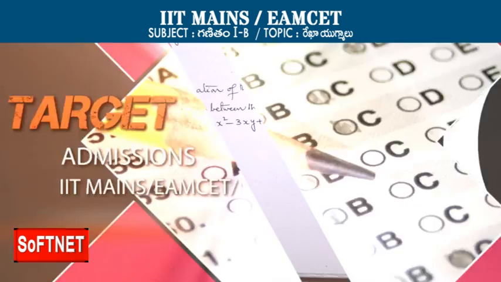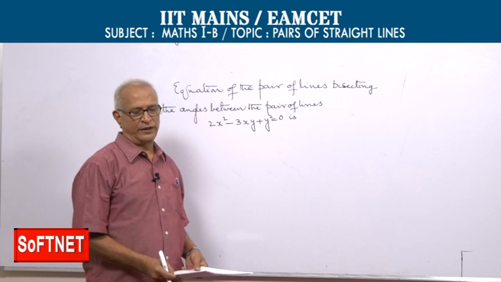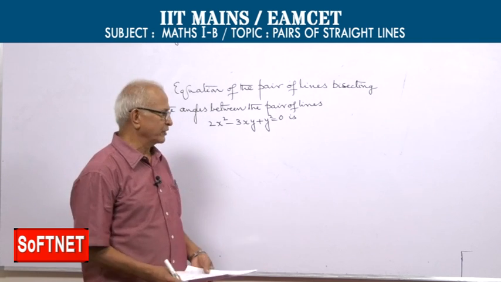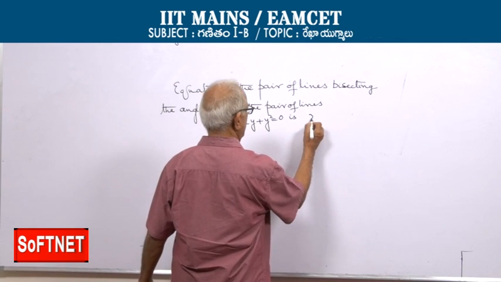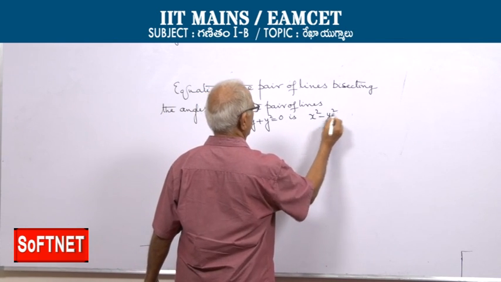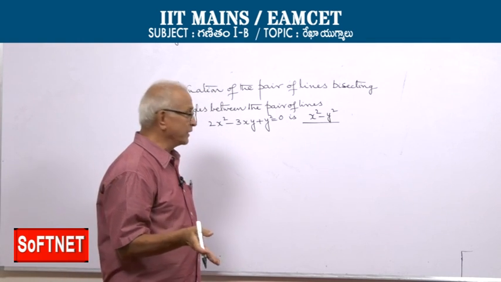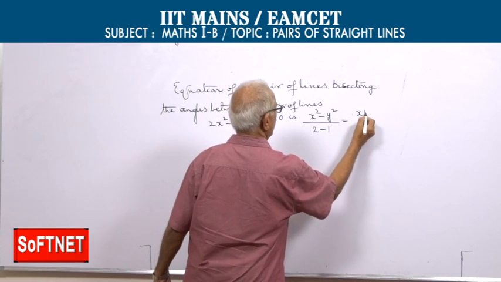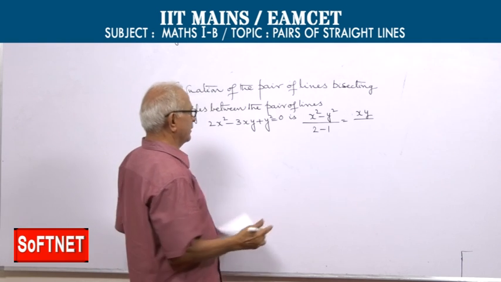Next, what is the equation of the two lines that bisect the angles between these two lines? One is the acute angle bisector, the other is the obtuse angle bisector. You can apply the formula straight away: x square minus y square by a minus b. a is the coefficient of x square and b is the coefficient of y square. So a minus b, 2 minus 1, equals xy by h, half the coefficient of xy, minus 3 by 2.